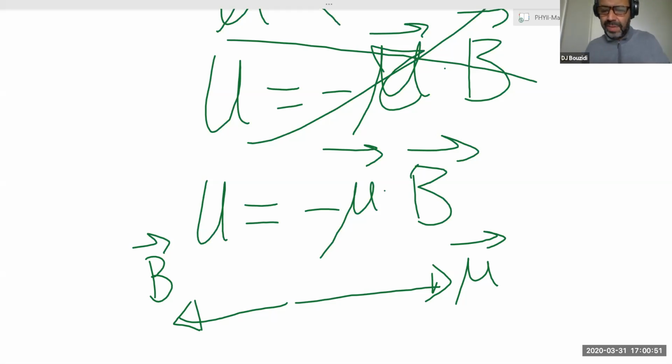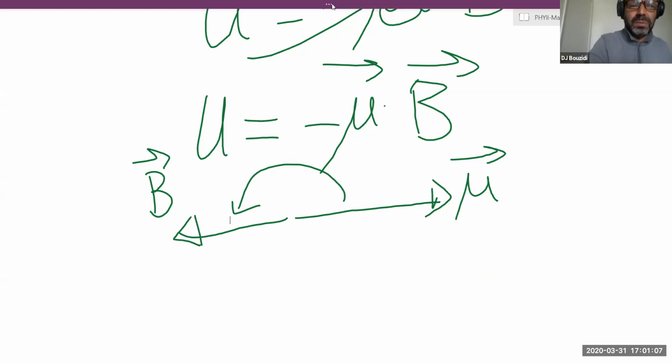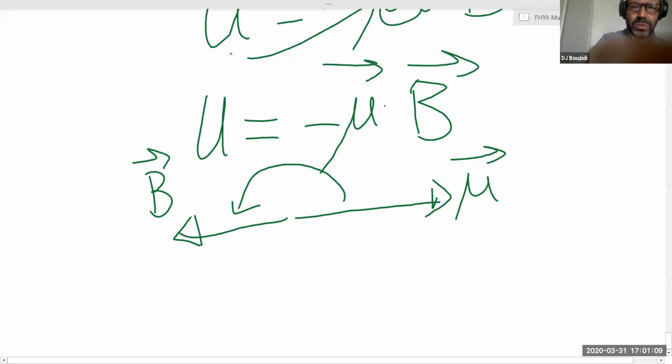Do you guys see that? If they are anti-parallel to one another, the dot product is negative, and the minus sign makes it positive. So there is an excess amount of energy, and these two will flip in such a way that at the end they will be parallel, so that the energy is as small as possible. So the stable configuration is this.